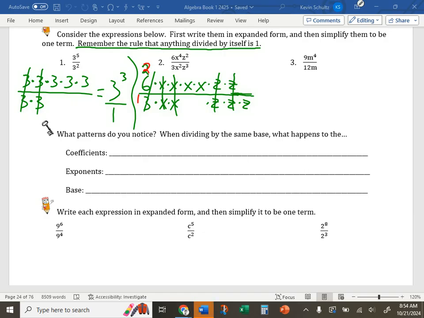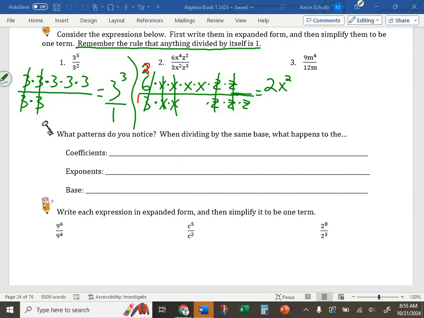So what we're left with in our numerator is our coefficient 2. And how many x's? 2. Any z's in our numerator? No. So our numerator is only 2x squared. All z's have been canceled out. Why? Because we had two of them up top, and both of them were canceled out by taking z divided by z, so in our numerator there are no z's remaining.